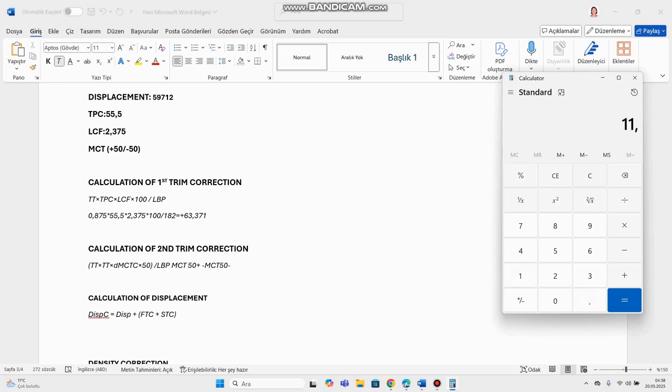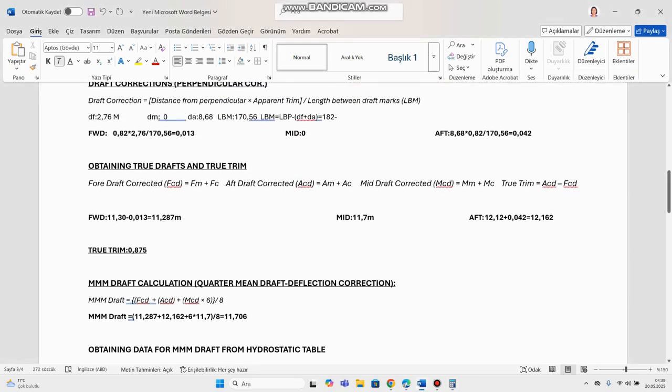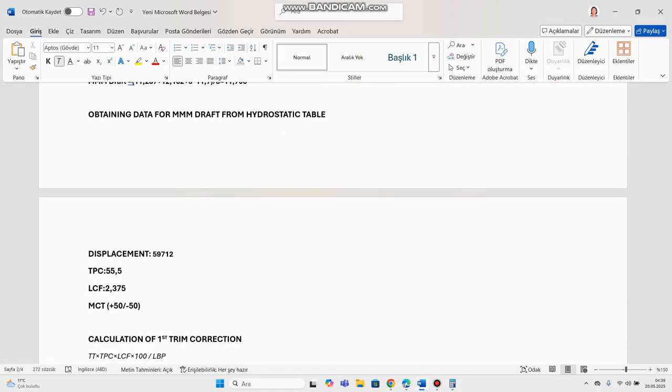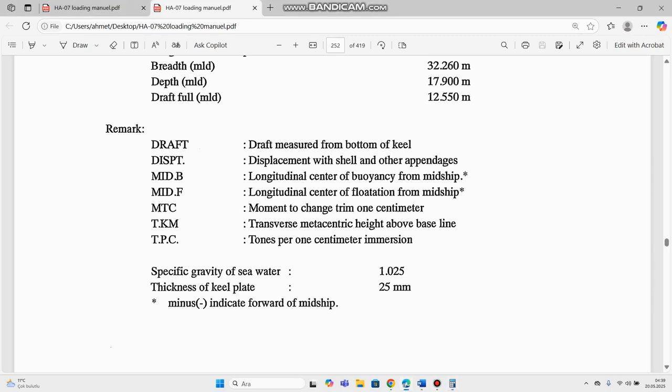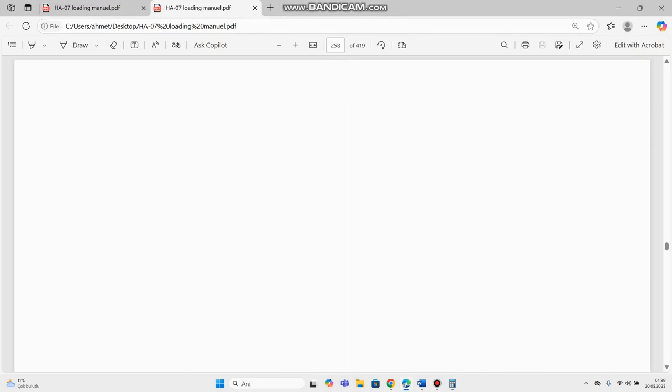Our mean of mean of mean was 11.706, right? Yes. And plus 50 centimeters, 12.206. Let's go to hydrostatic.